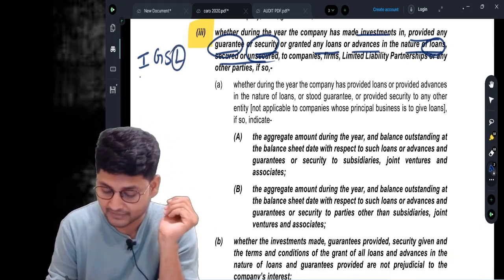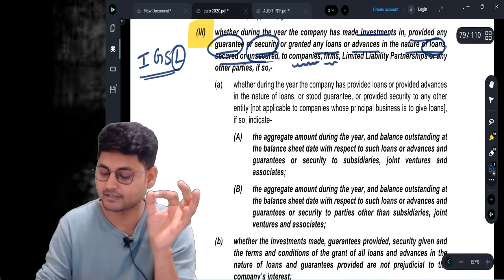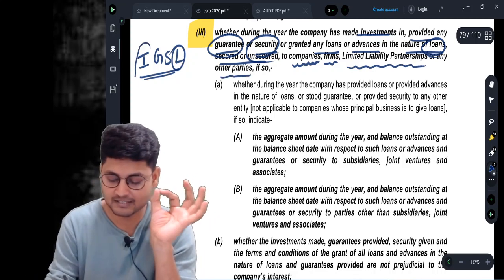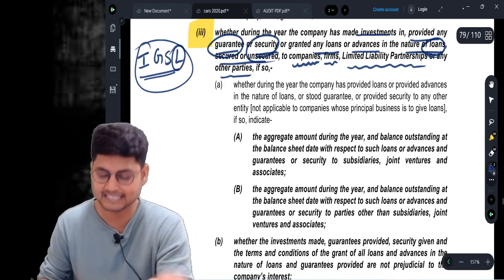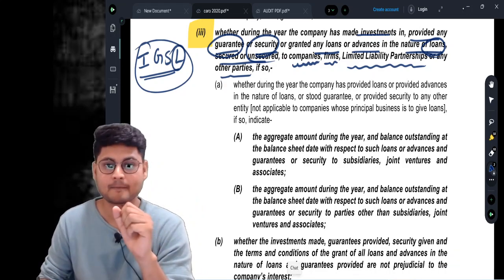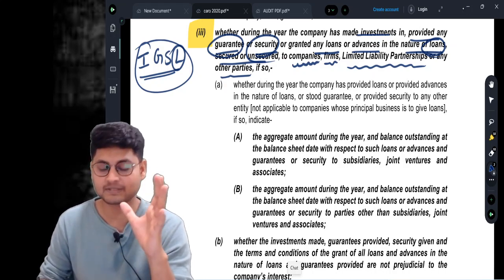If these are made to any companies, firms, limited liability partnership or any other parties, either it can be company, firm, limited liability partnership or any other parties, then clause number 3 is applicable.